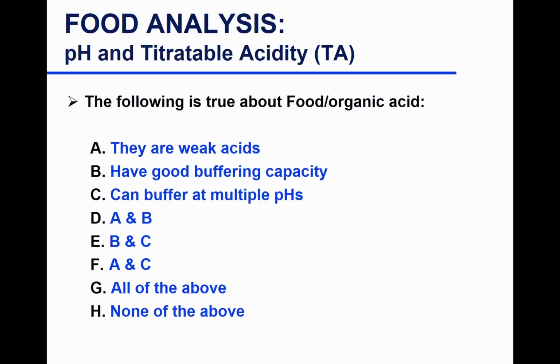That means each carboxyl group will buffer at a different pH based on their dissociation factor. Acetic acid has 1, but citric acid has 3, malic acid has 2. So depending on the acid you have and the number of carboxyl groups, they might buffer at different pHs. So that's why all of the above is correct.